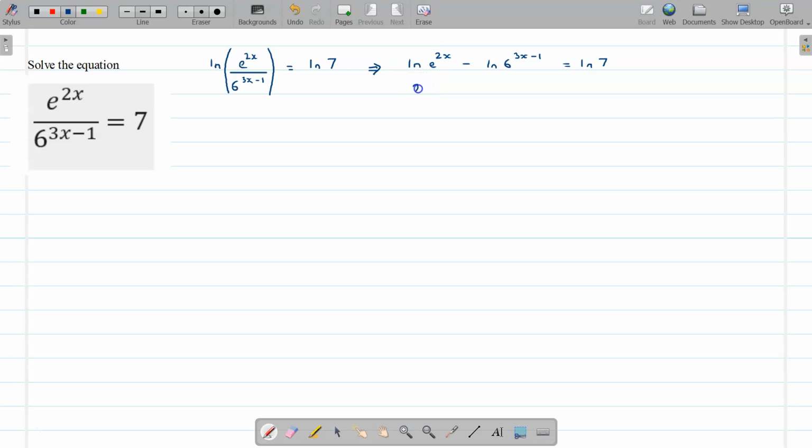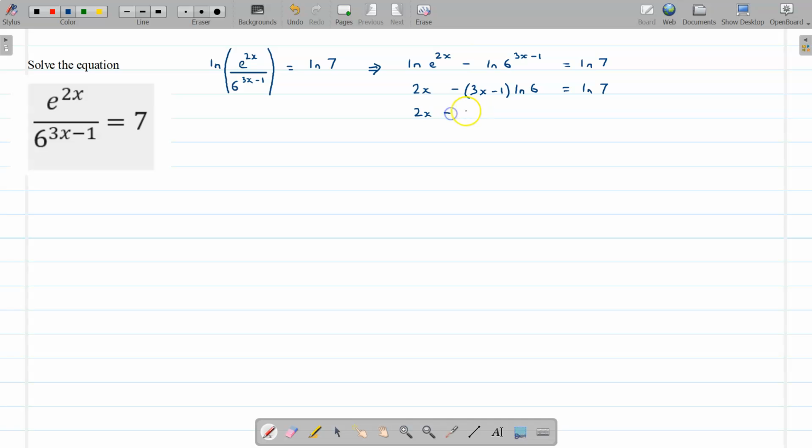So 2x, and for the next one we're going to bring the power in front of the log. So we've got 3x minus 1 times the natural log of 6, and that equals the natural log of 7. Process it further by multiplying out that second bracket.